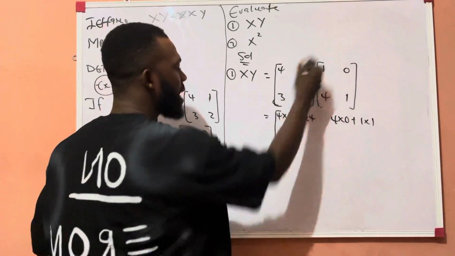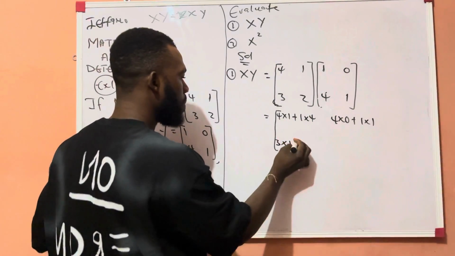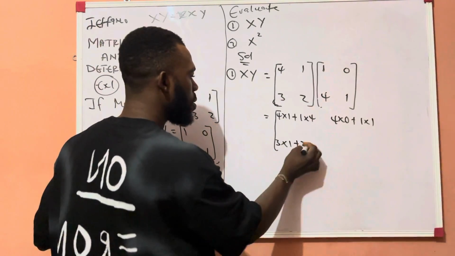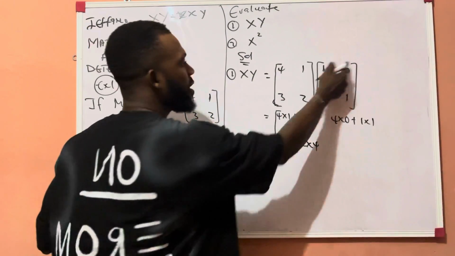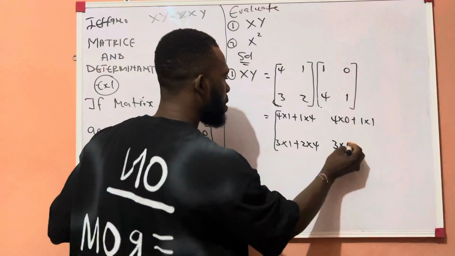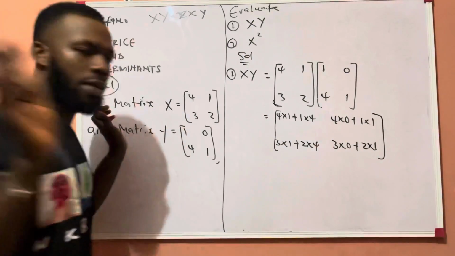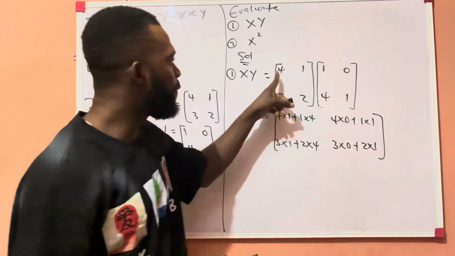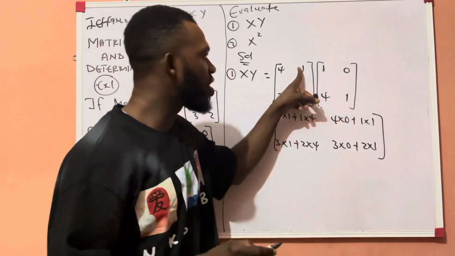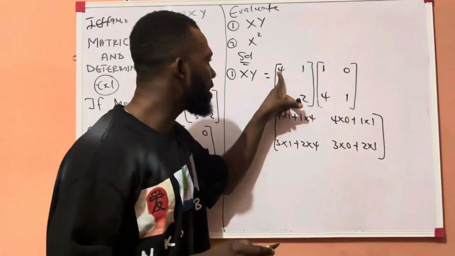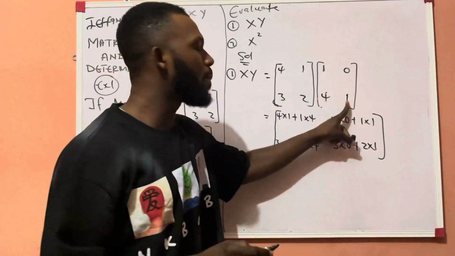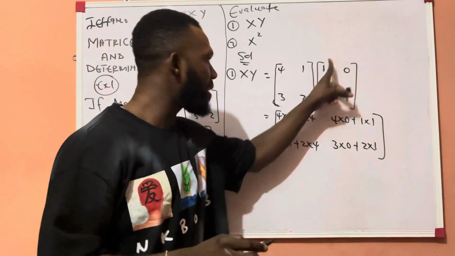So here becomes 3 times 1 plus 2 times 4. And again, 3 times 0 plus 2 times 1. Yes, I repeat. The first multiplies top, the second multiplies down.